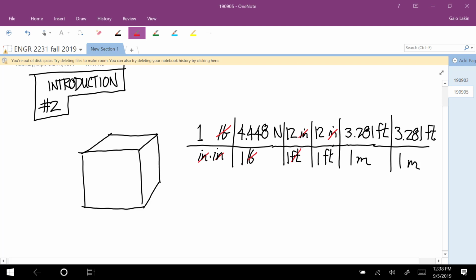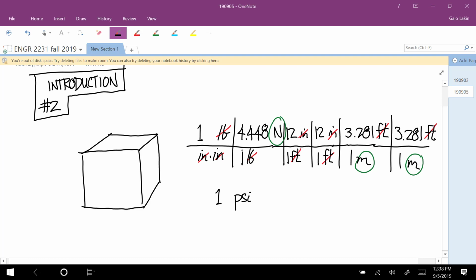And now the feet cancel, and the units we're left with are newtons per square meter. If we multiply that out, that gives us 1 PSI.